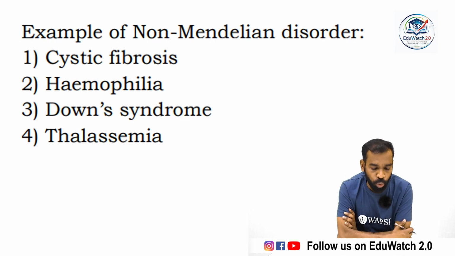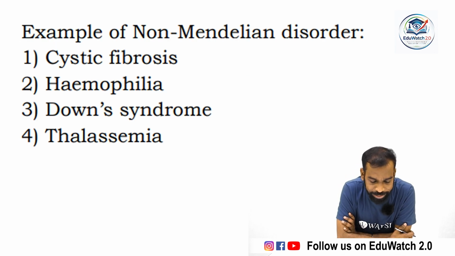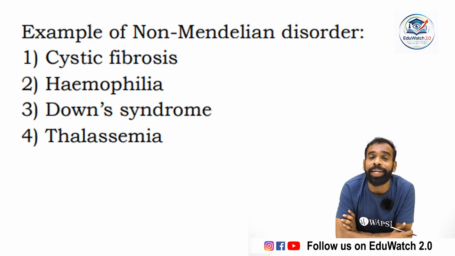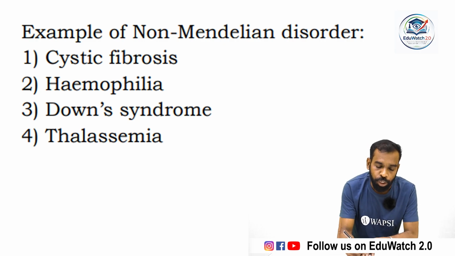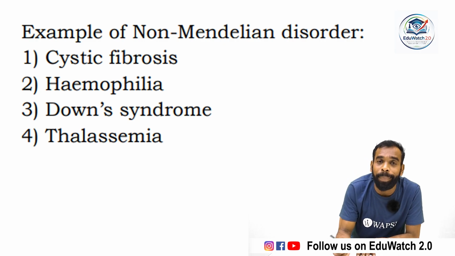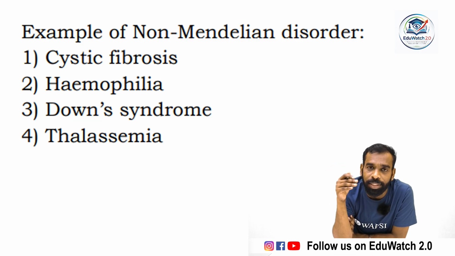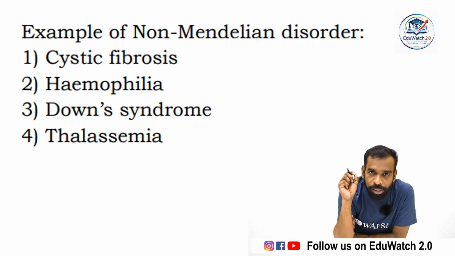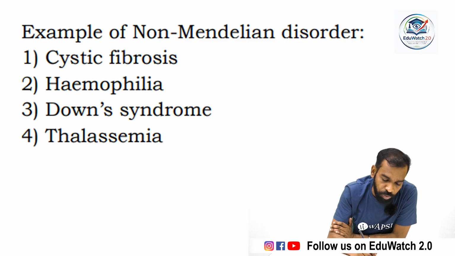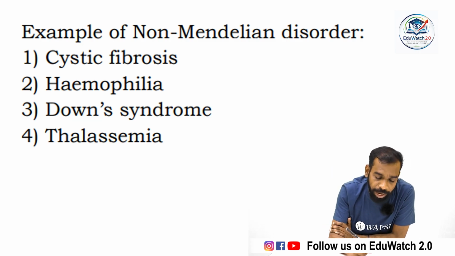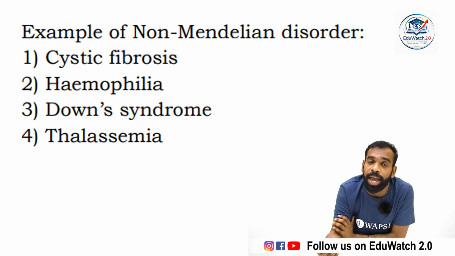Then when we go to question number 4, example of non-Mendelian disorder. Non-Mendelian disorder. What did Mendel tell? The character will be carried by a gene, the concept of gene, and gene is the carrier of characters.